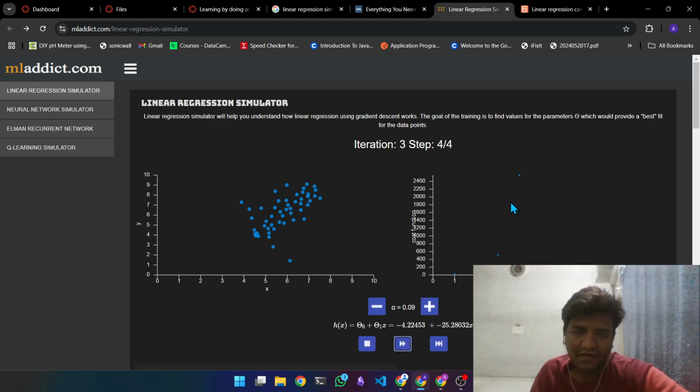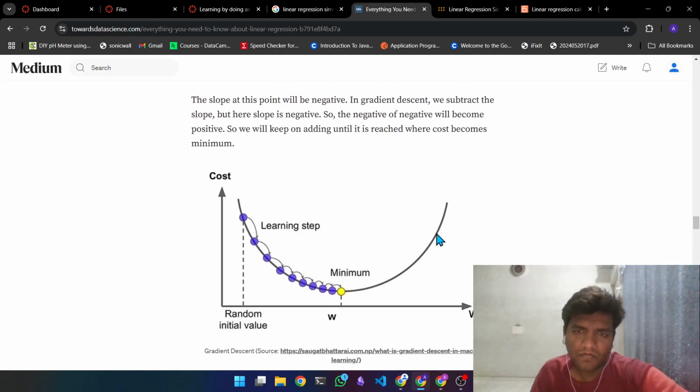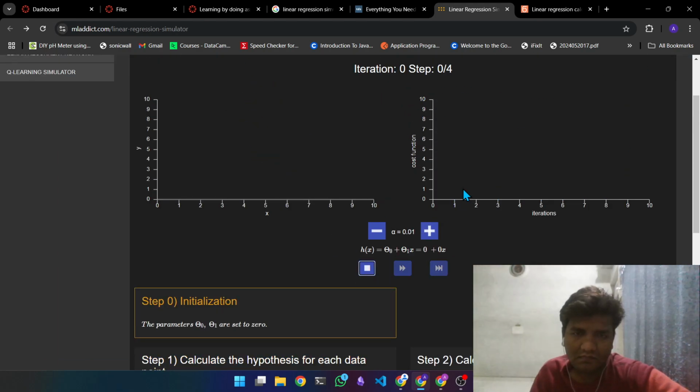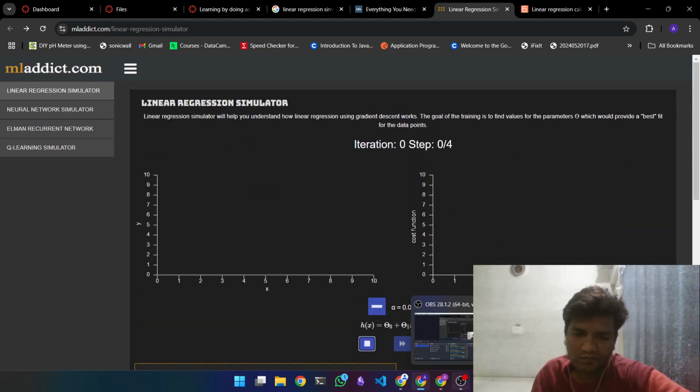Oh, so we are plotting from the other side, from here. So this is what happens when you have too high a learning rate. Let's just try that. Well, the cost turned out to be 0 and we can't see the line. So I guess it's negative.